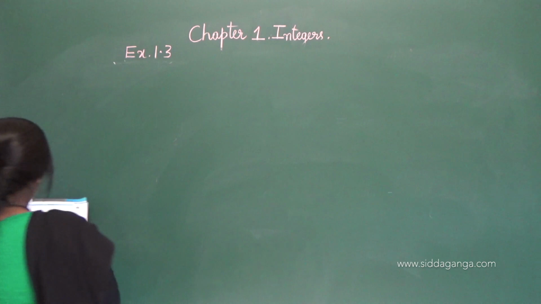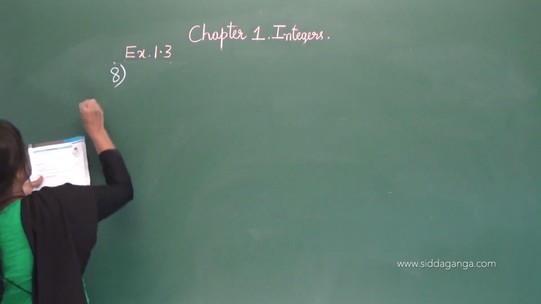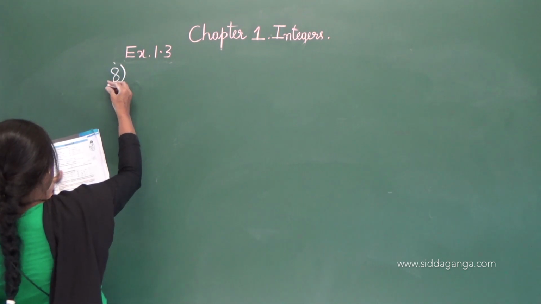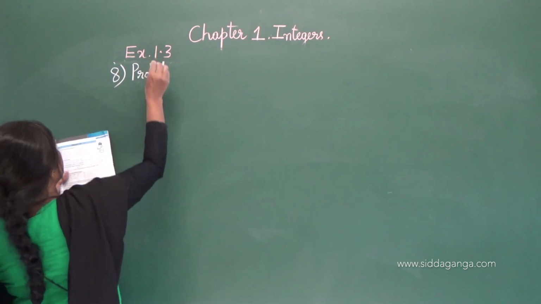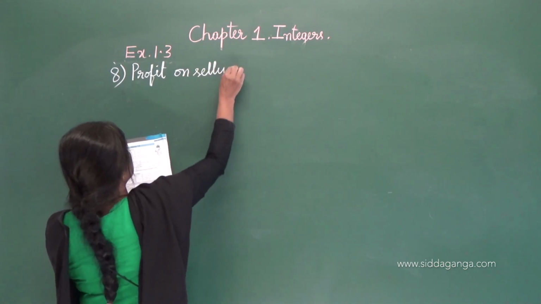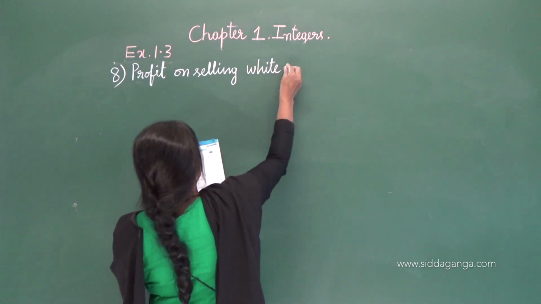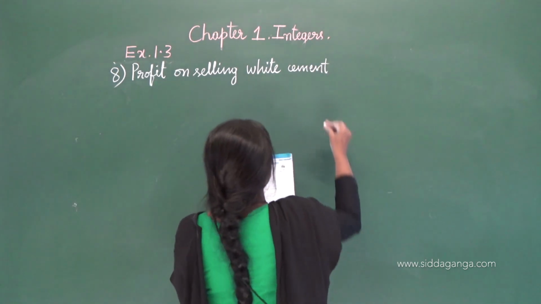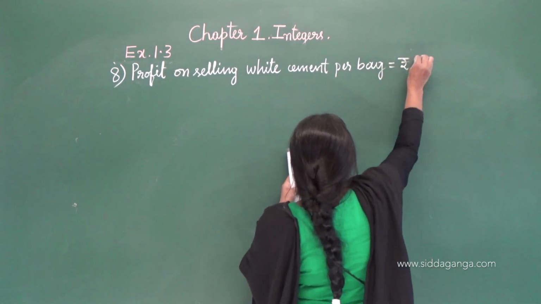Okay, a cement company earns profit. This is the 8th one. The data given is profit on selling white cement per bag is equal to rupees 8.